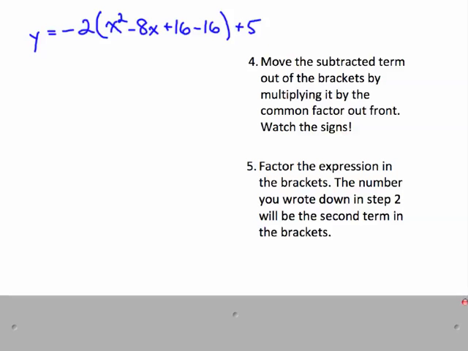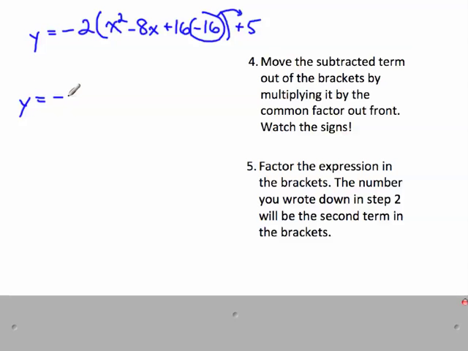So I've just copied what we arrived at above here. Now we're going to move the subtracted term, so we're going to move this -16 out of the brackets to join that 5 that's been waiting outside. But to move it outside of the brackets, we have to multiply it by this -2, because this -2 is multiplying everything that's inside the brackets. To get this out of the brackets, we have to do that multiplication. So that would look like this.